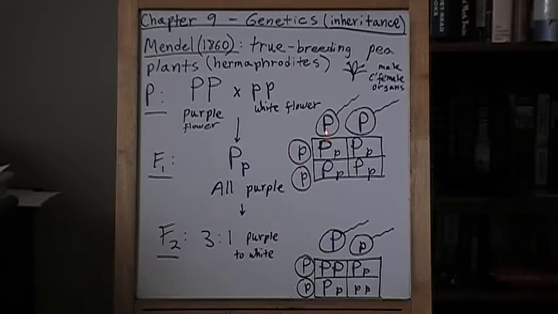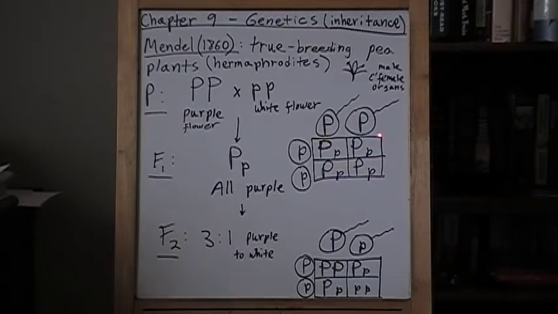So you draw it out and then you show the combination of these two, sperm and egg. Here we're getting big P from the sperm and little p from the egg. In this square we're also getting big P from the sperm and little p from the egg, and the same in the remaining squares.